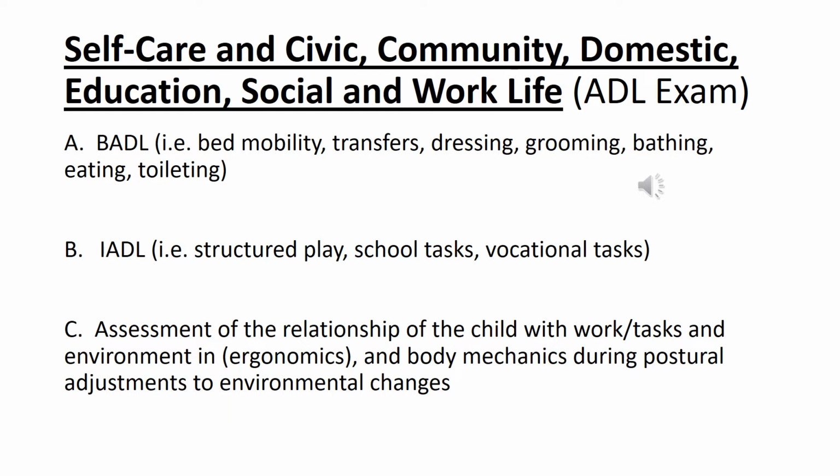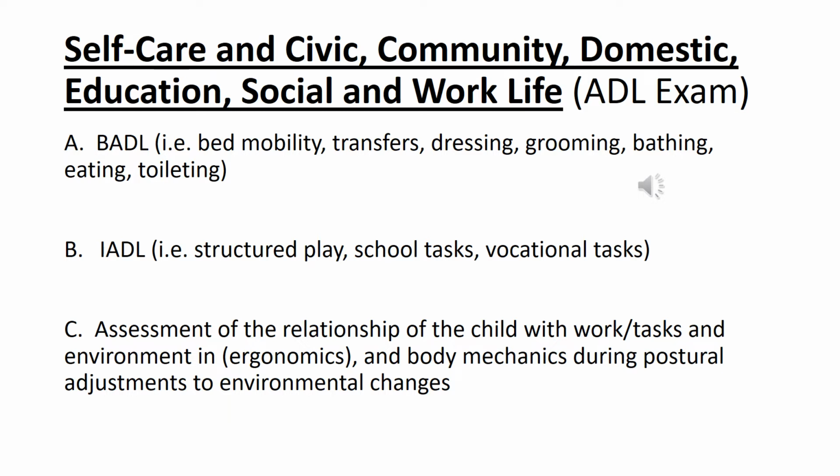So that could be school, it could be home, it could be out in the community, in their church. So we really want to have a good idea of what are their ADLs like across these environments, because we know that performance on these tasks could change depending on where the location is and potentially the equipment that they have access to as well, and just what the environmental setup is like.